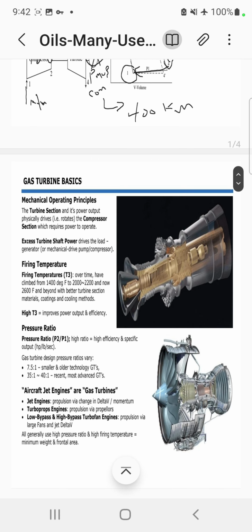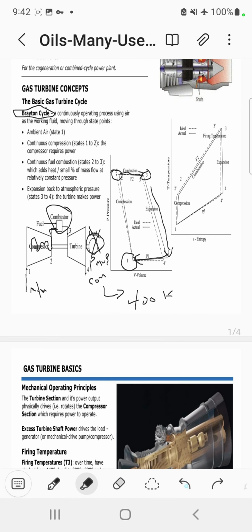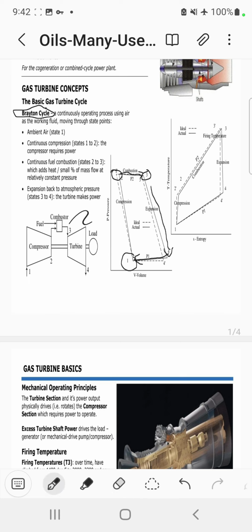What that means, here guys, see, T3 is actually located here. Why?